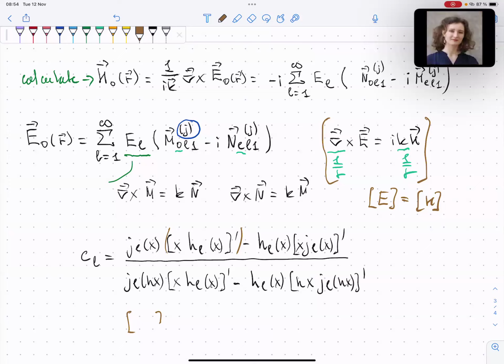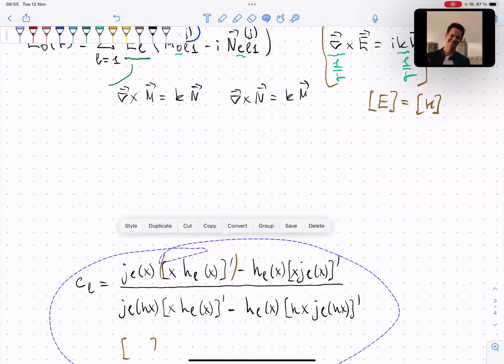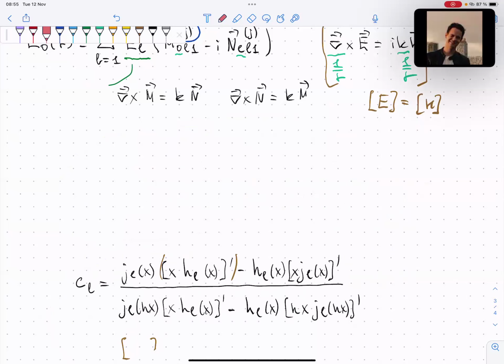Well, for example, in the SI system of units the curl of E is i omega, and in the general case some mu also, and we would have that H equals k divided by i omega mu.